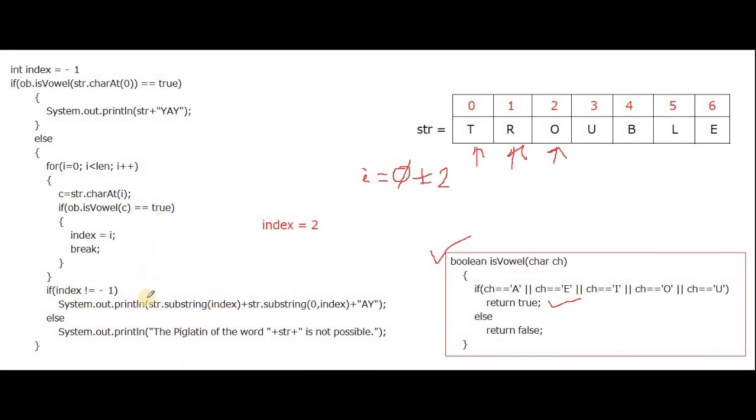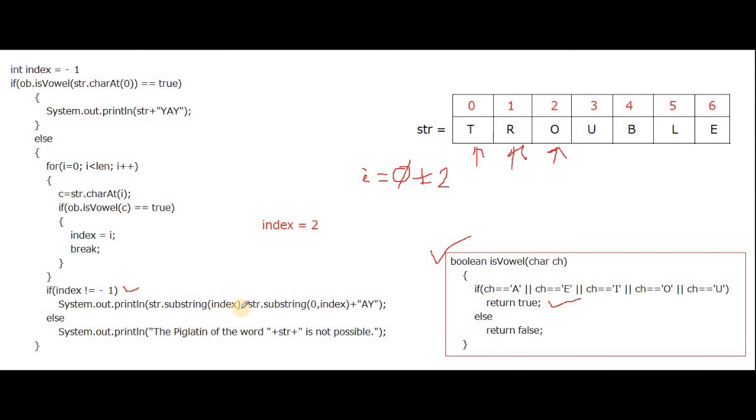Now the next statement after the loop is: if index not equal to 1. Of course index is not 1, the value of index is 2. So it will print 3 different parts concatenated using the plus symbol. The first part is substring of index. We know the function of substring, so I am not explaining it here.